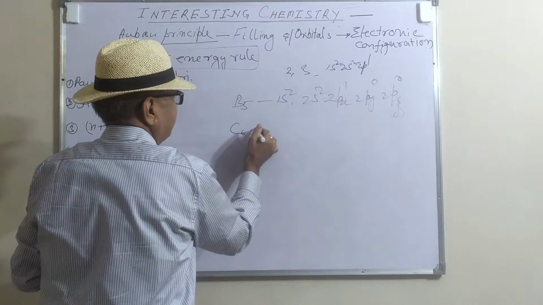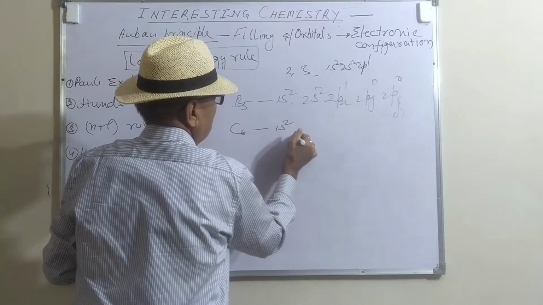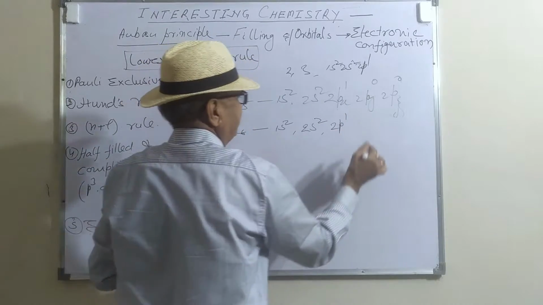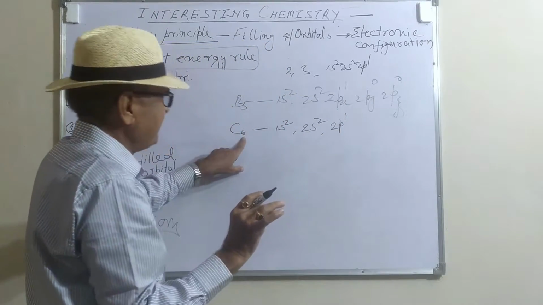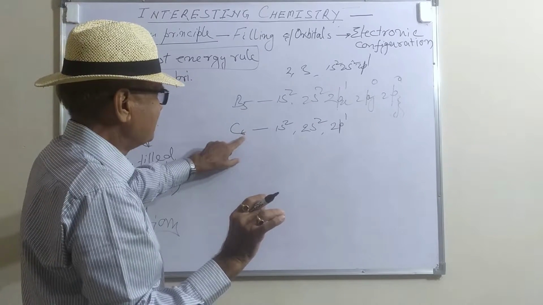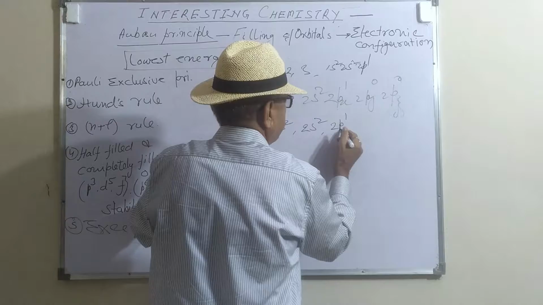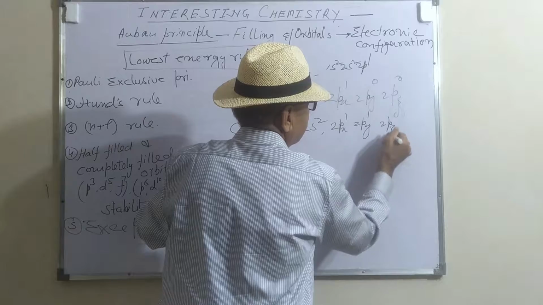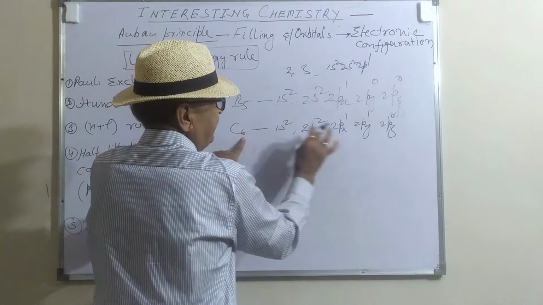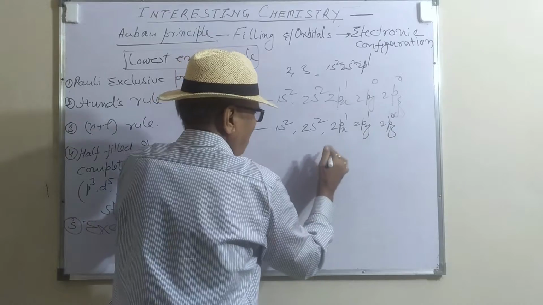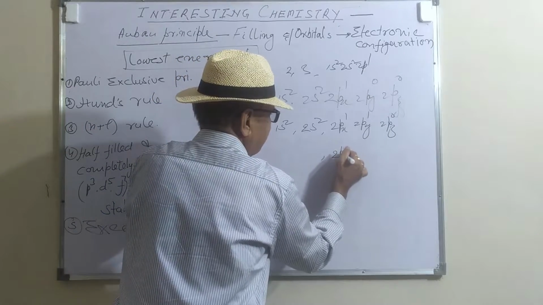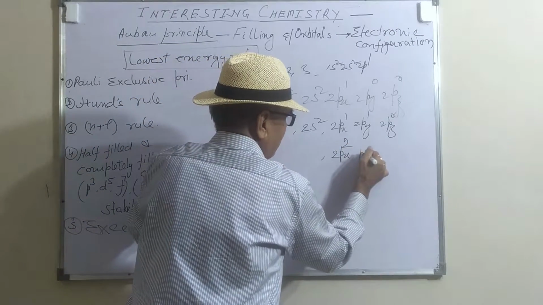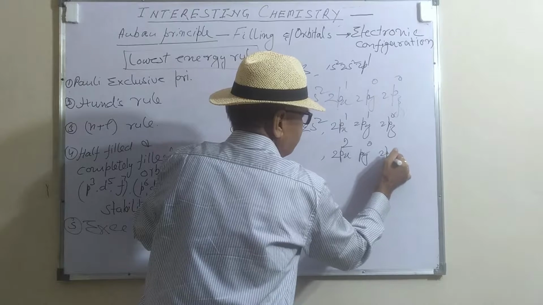Now come to carbon. This is 1s2, 2s2, 2px1. Now the sixth electron you can write here as 2py1, with 2pz0. The sixth electron entered in the 2py, and 2pz is still 0.